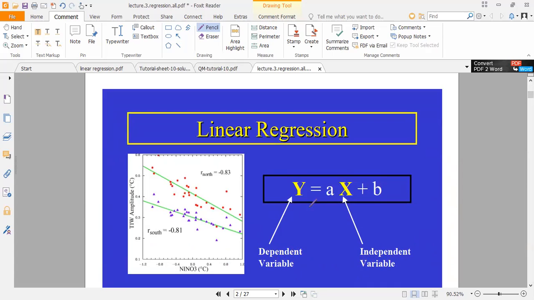As you can see from this equation, an independent variable is what causes the variation in the dependent variable. So the relationship that exists between x and y is that of a causal relationship.